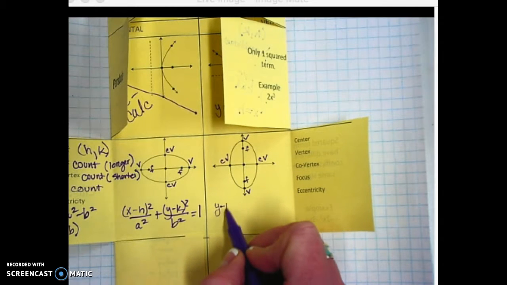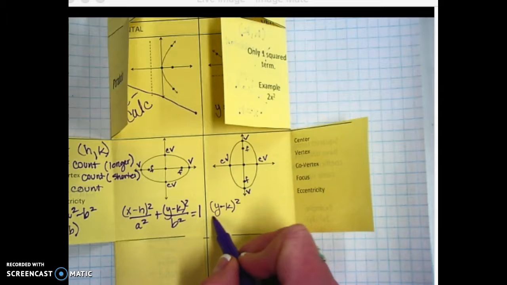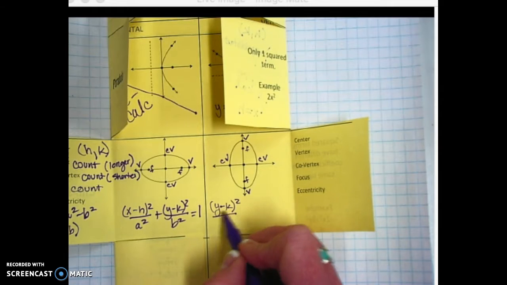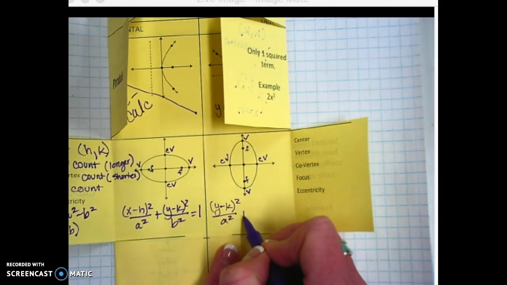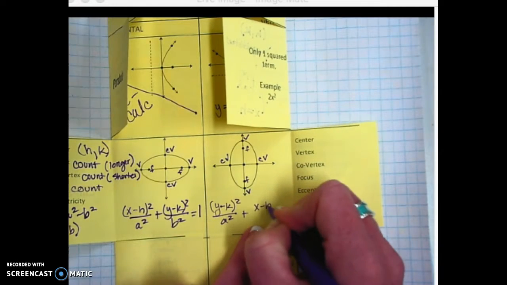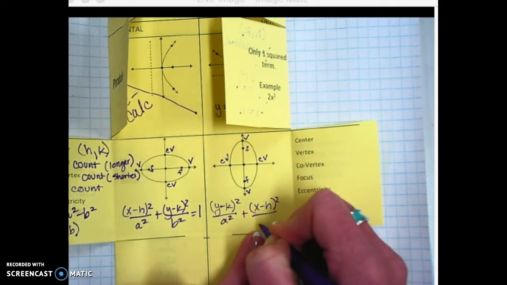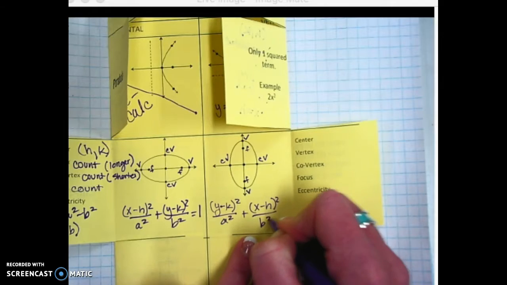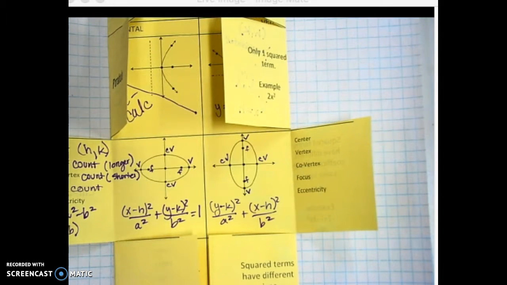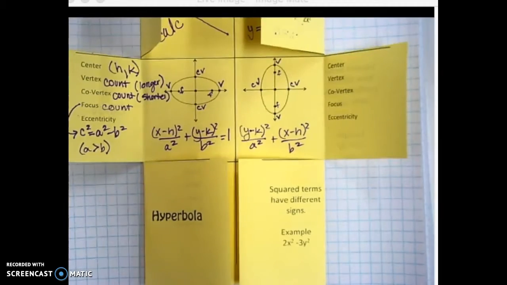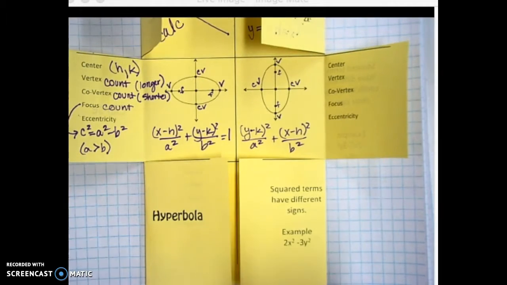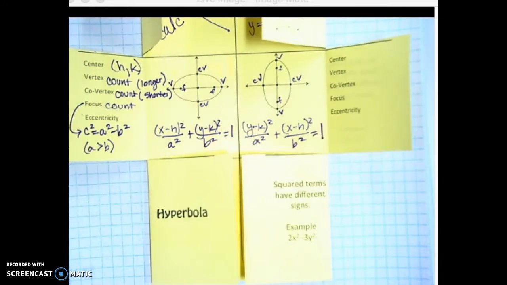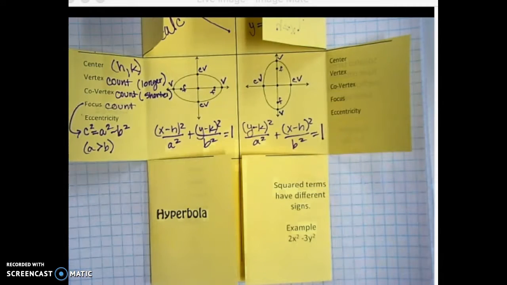It's going to be y minus k squared over a squared plus x minus h quantity squared over b squared. And then all this other stuff is the same as it is for the horizontal, so I'm not going to make you write it again. Yes, it is equal to 1.